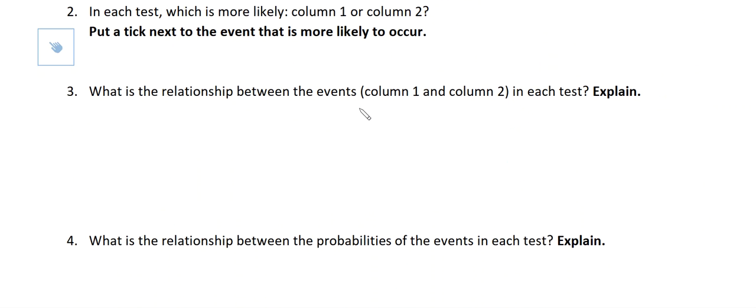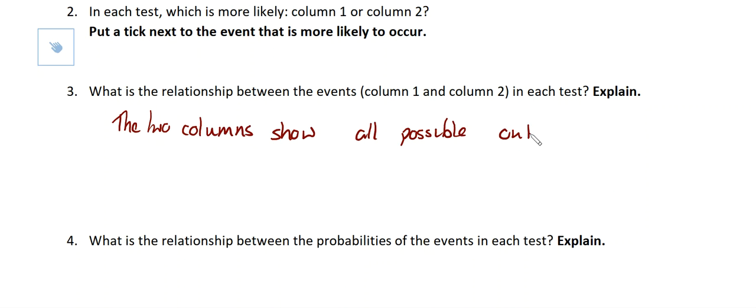Okay. Well, events column 1 and column 2. What is the relationship? Well, not yet, because we can't use that word because we don't know what complementary means yet. The relationship is actually, we could say the 2 columns show all possible outcomes for that event.